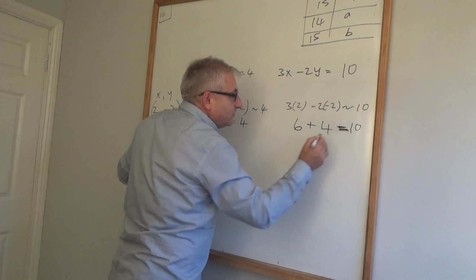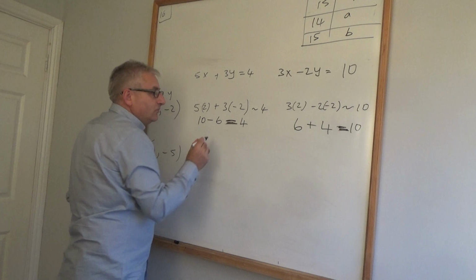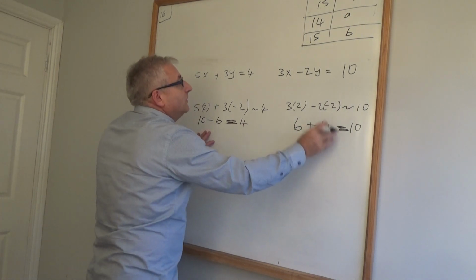So the very fact that I have equals, because I'm using the squiggle system, is the same as writing true. So they've both been verified. Okay?